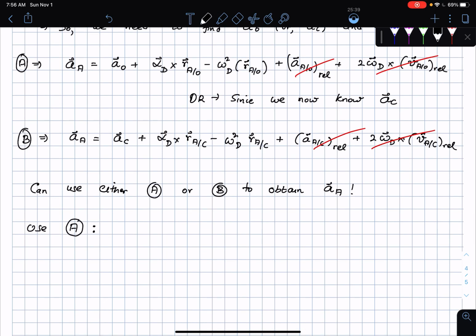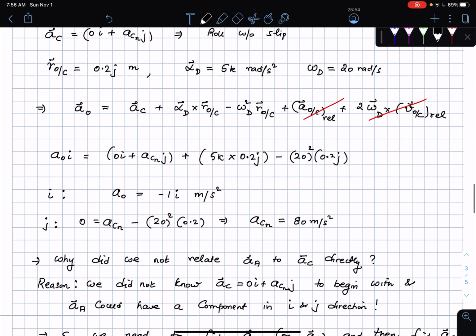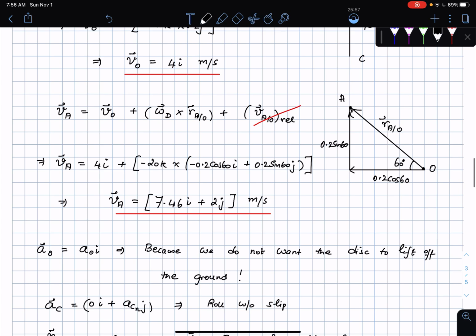I already know R A/O as minus 0.2 cosine 60 i and 0.2 sine 60 j, so many meters. How did I know that? That is by looking at what we have done earlier. Okay, so that's how I know it.